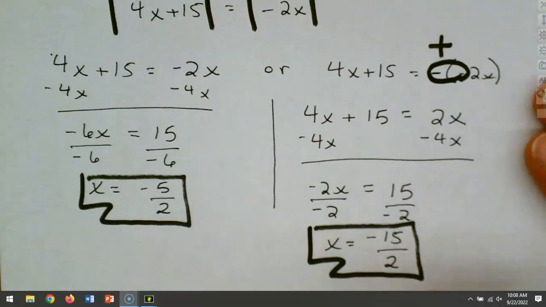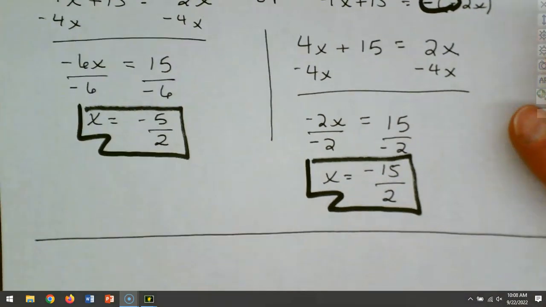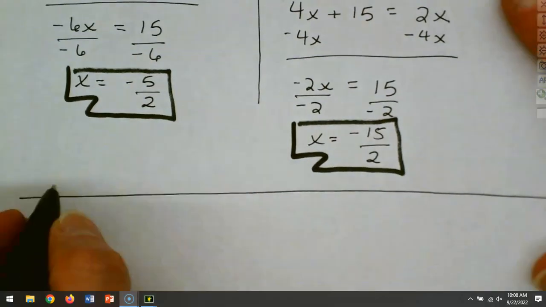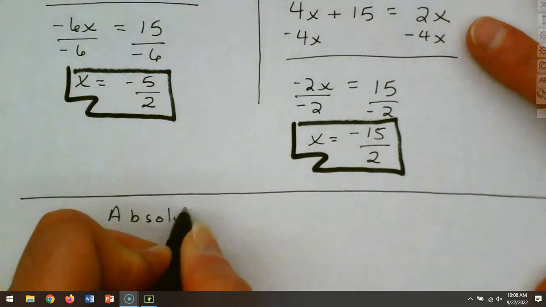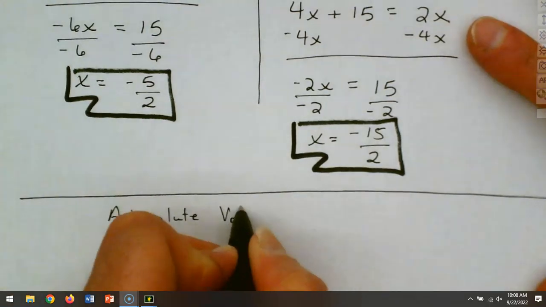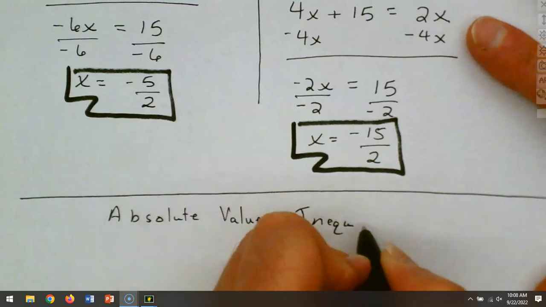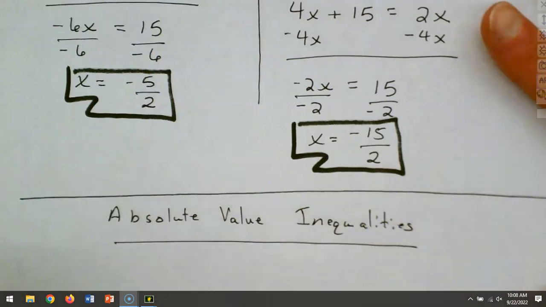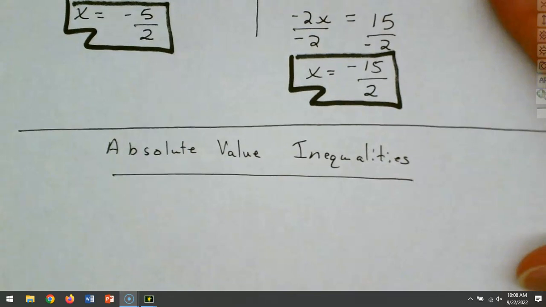Now let's look at our absolute value inequalities. So absolute value inequalities, we're going to have to check these.